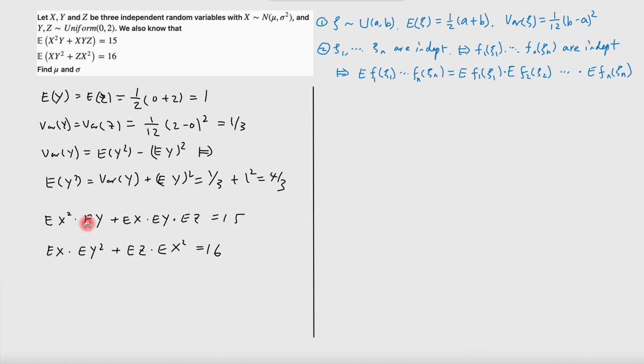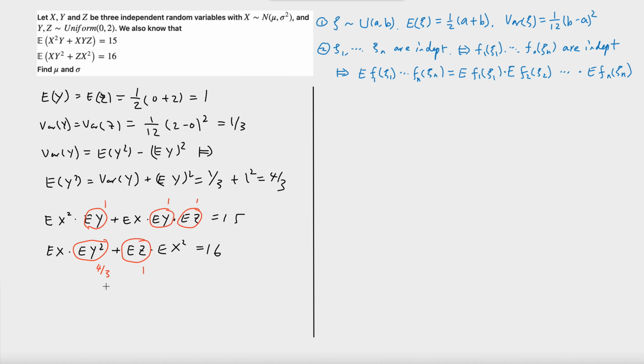Now, we already computed that E of y is 1, and E of y and E of z are also 1, right? And E of y squared we computed is equal to 4 over 3, and E of z is 1.